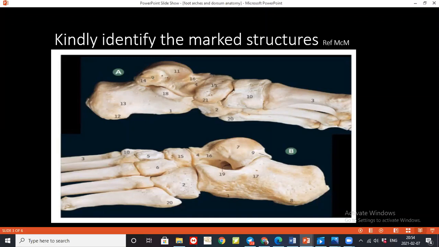Can you please tell me what is the anatomy of the deltoid ligament? Whatever you understand.